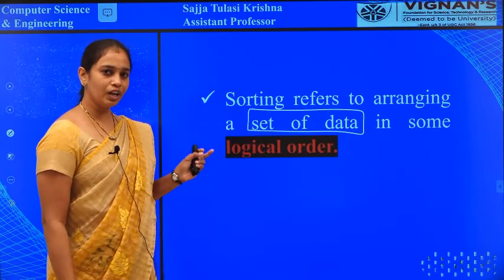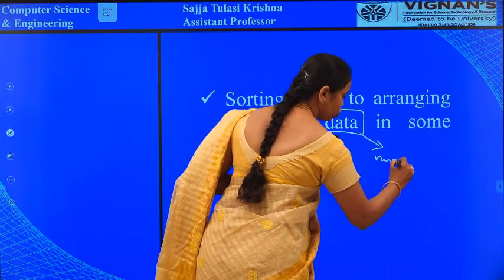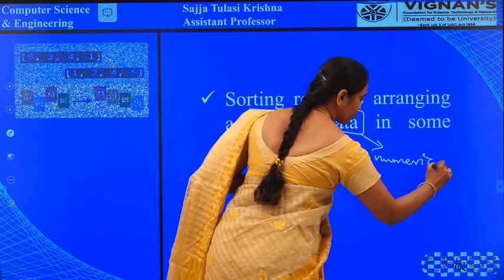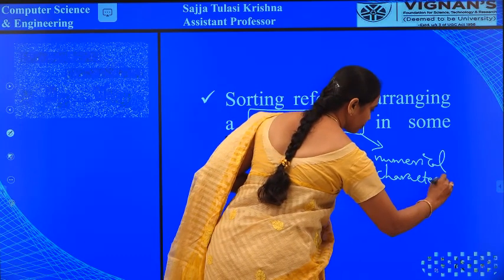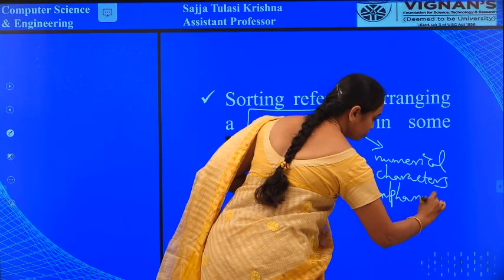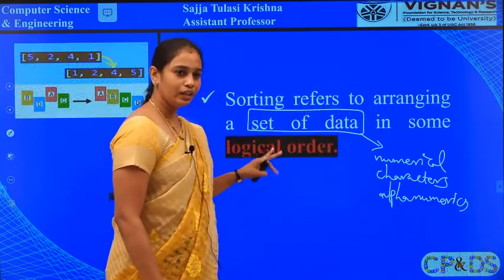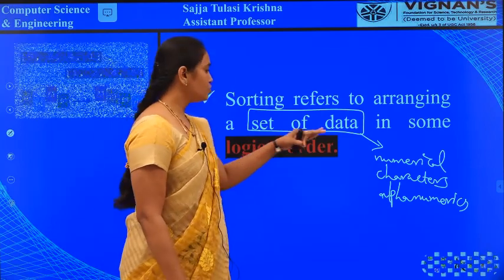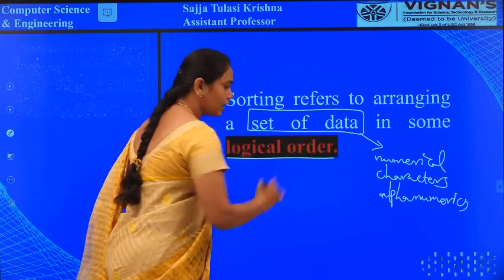Here, a set of data means the data contains either numerical values or characters or alphanumerics. These refer to the data in computer language. This data is arranged in some logical order.